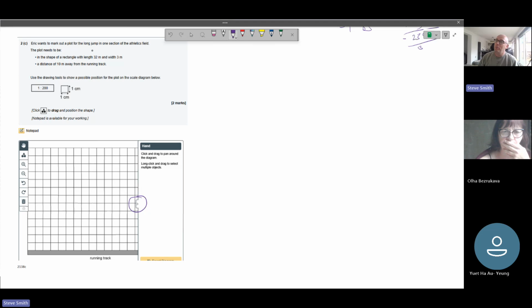He wants to mark out a plot of land and he makes the rectangle 32 meters long. Okay, so 32 meters long and 3 meters wide. Okay, and we've got a scale here of 1 centimeter on the map, or whatever it's called, a drawing, is the same as 200 centimeters in real life.